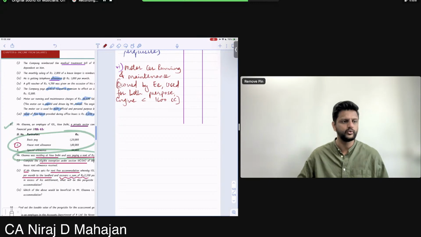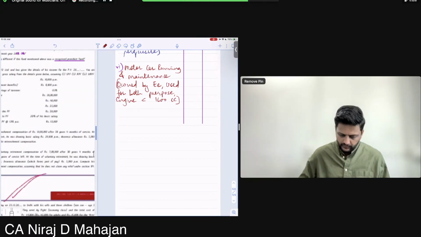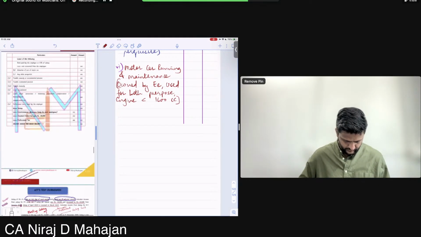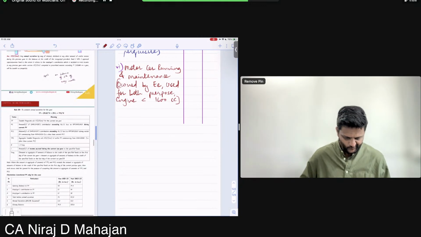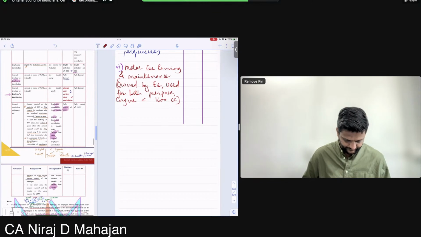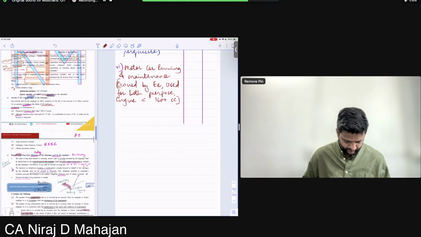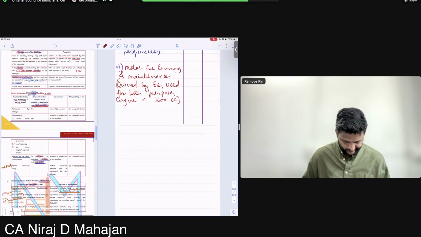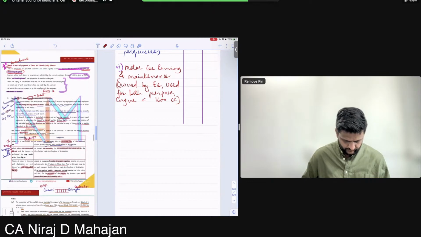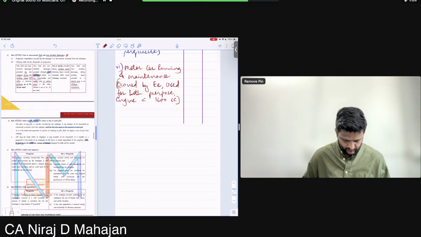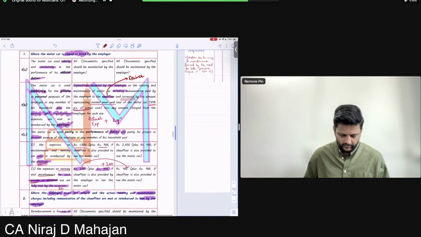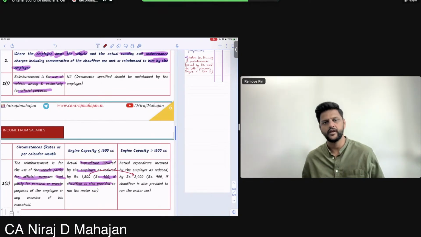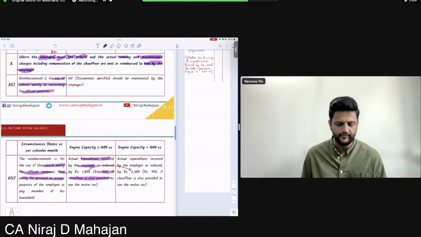Go back to your notes. Rule 3. Check. Motor car. It is owned by the employee, and the employer gives the running and maintenance expenditure.